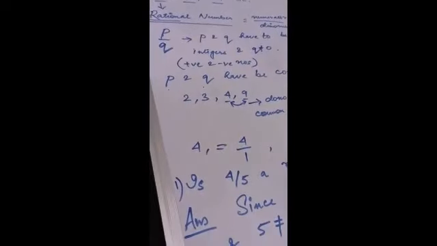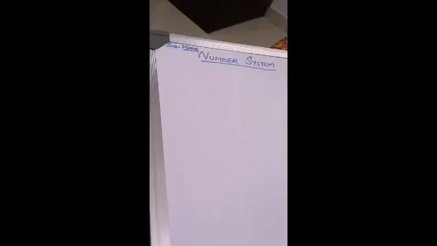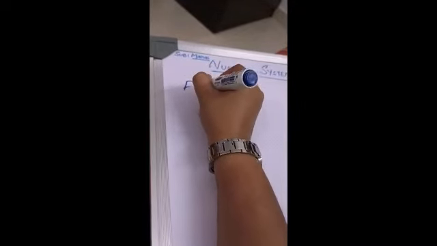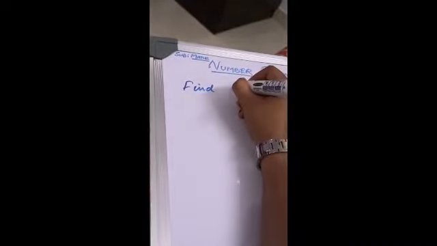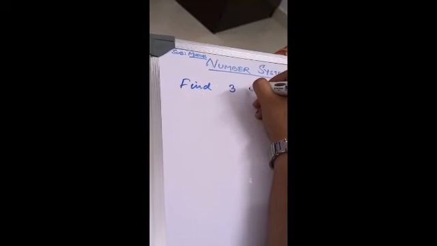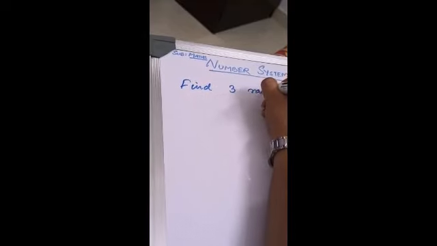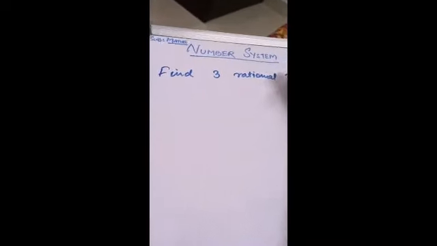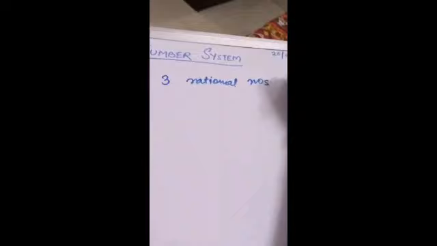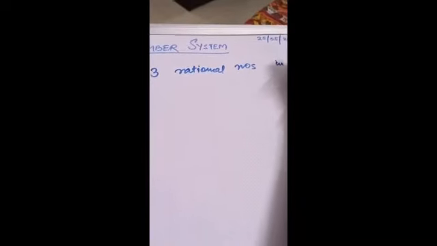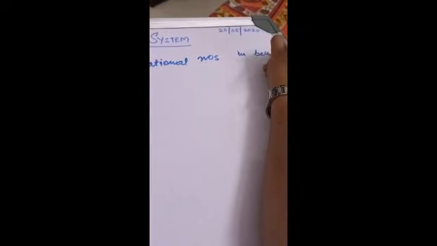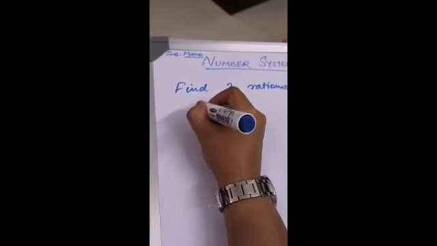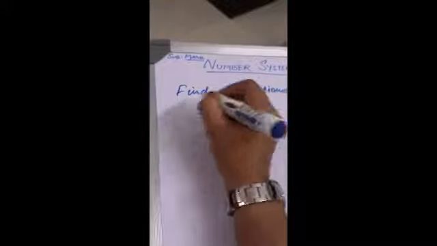Okay. Now suppose if there is a question like find 3 rational numbers in between 3 and 4.